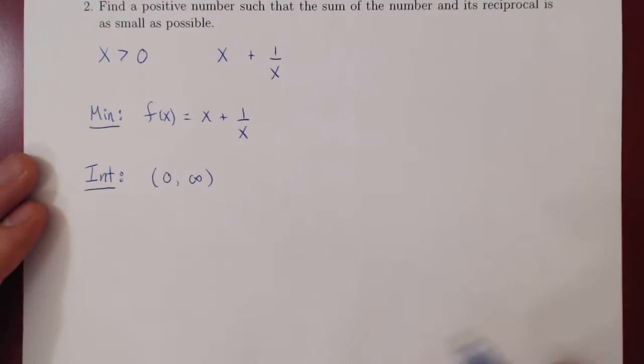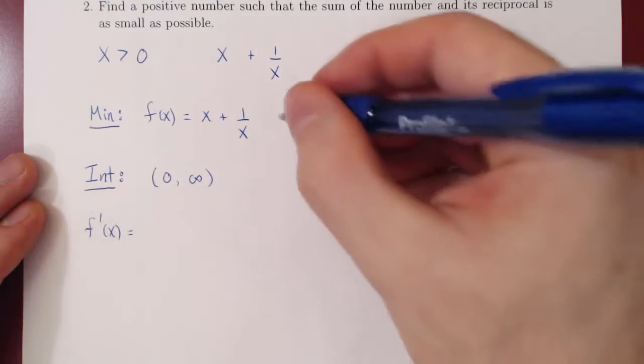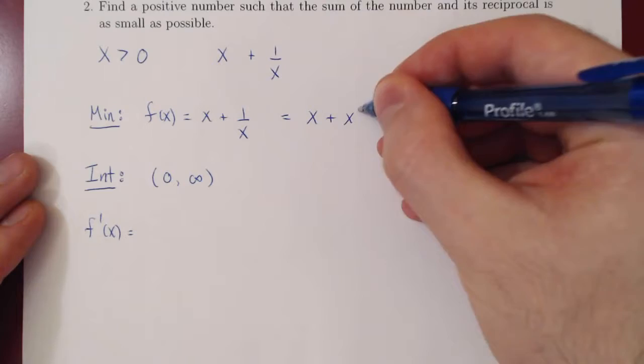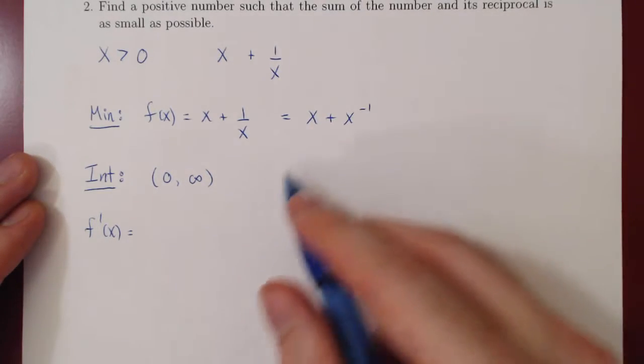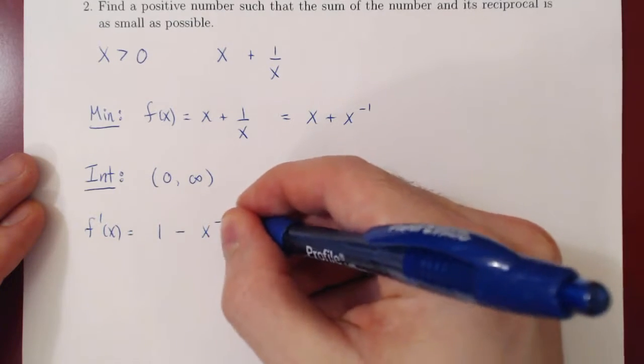So we will find the first derivative, so f prime. Well, if you want to differentiate this, you can simply rewrite the 1 over x as x to the negative 1. So the derivative of f will be 1 minus x to the negative 2.